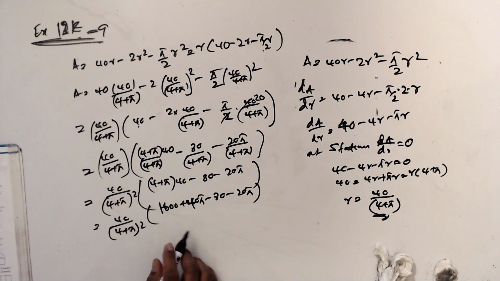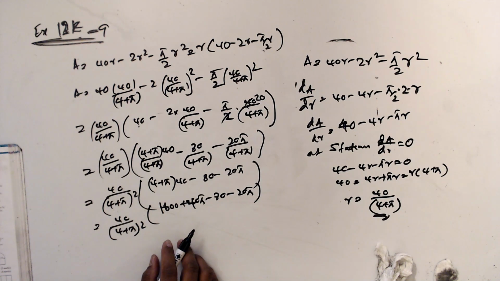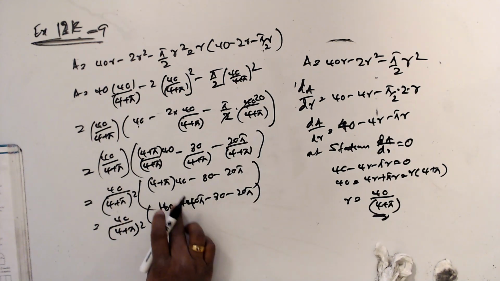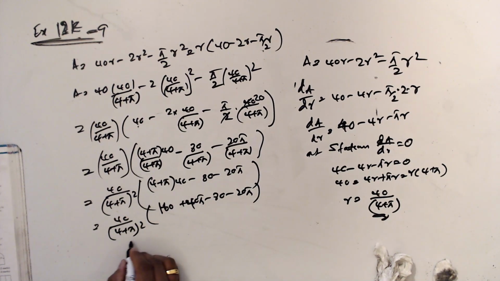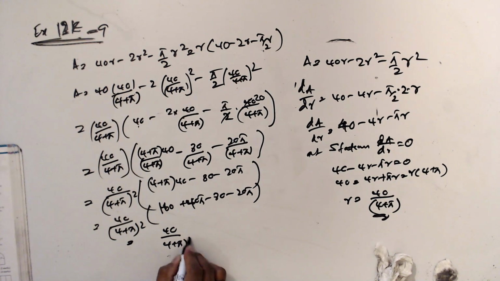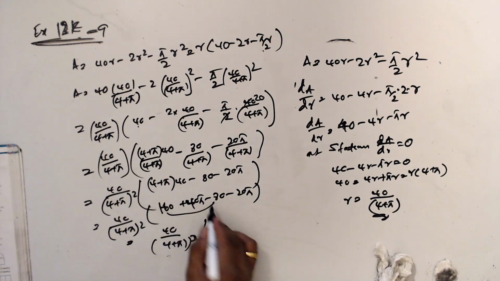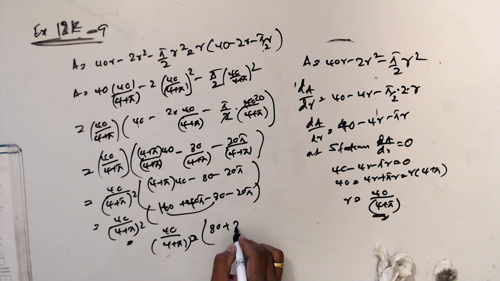So this is 160. So 40 over 4 plus 5 square, this is 80, and plus 20.